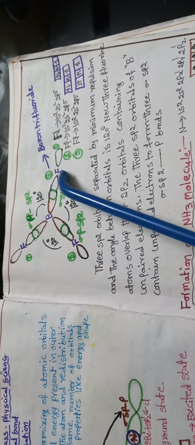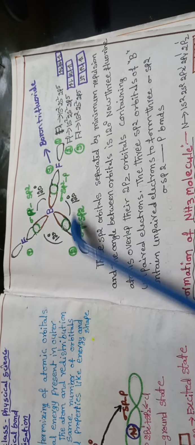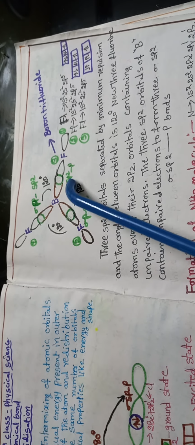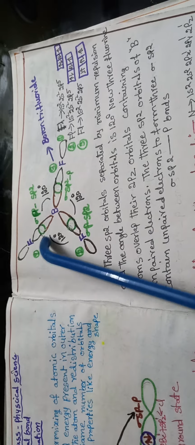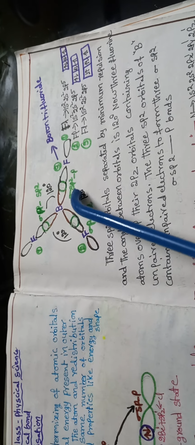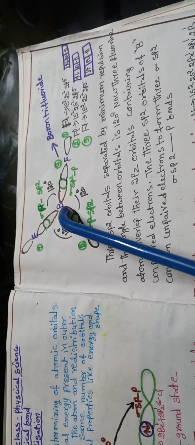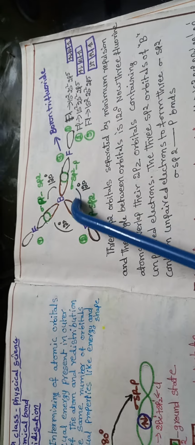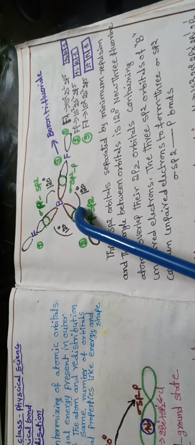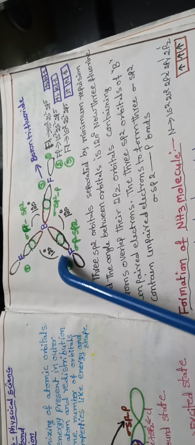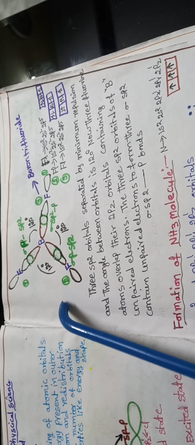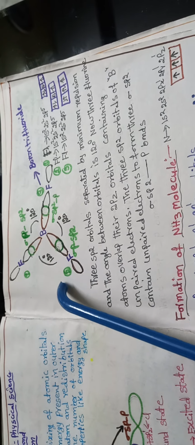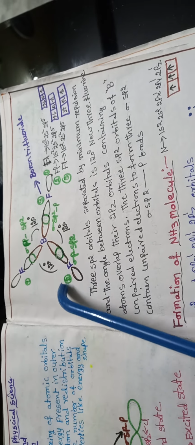So, these three unpaired fluorine electrons, the fluorine p orbitals, overlap with the sp2 boron orbitals and form a sigma bond between boron and fluorine. And between the boron and fluorine, the angle is 120 degrees.